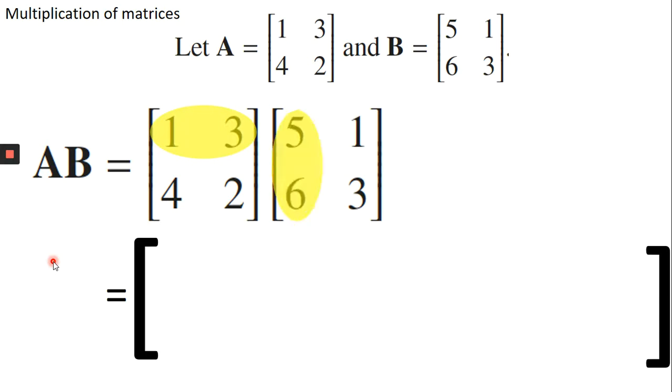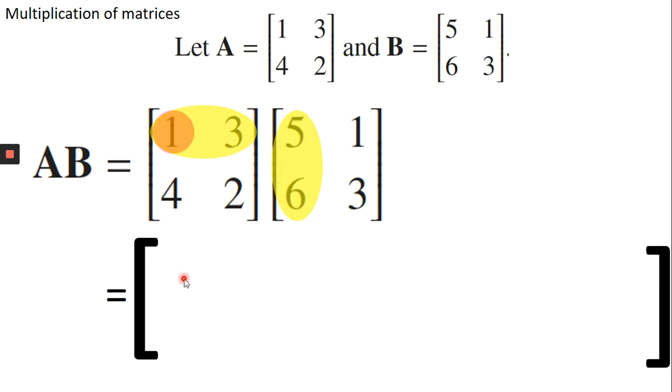What we do here is what I've heard called a run and a dive. A run and a dive. And you can see here, this is the top, and this is the left. So this here is going to be the number that goes into the top left part of the matrix.